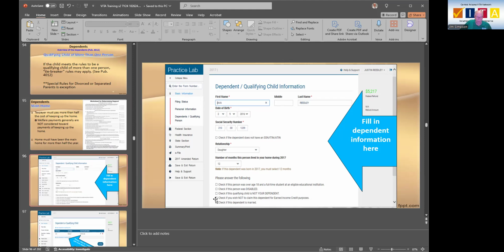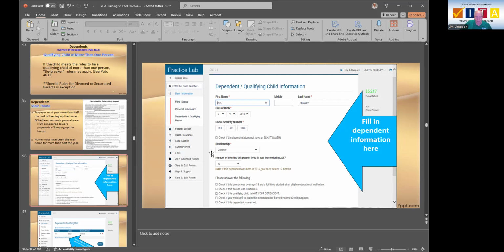But then you've got these little check boxes down here, so be careful. Were they over 18? That means 19 and more, and a full-time student. Were they disabled? Remember all those rules I was telling you that apply to students and disabled people.